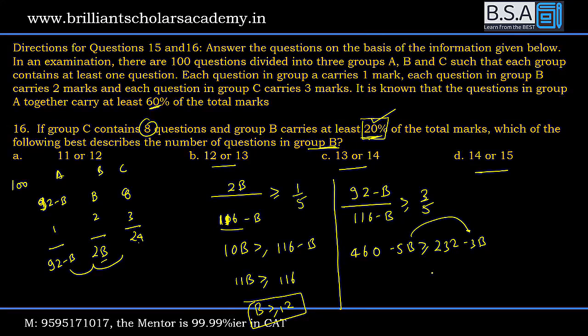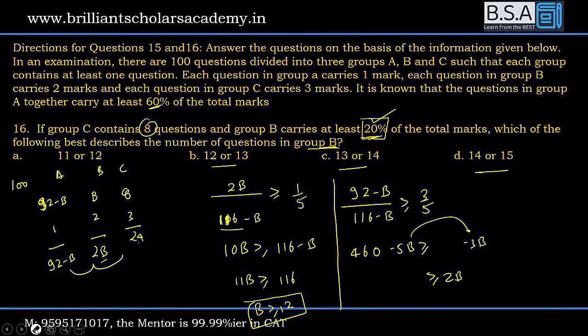Bring this here. 2B, take this here. 460 minus 230 is 230. 230 minus 2. Check the calculation. 3 times, right? 3 times. So 348.